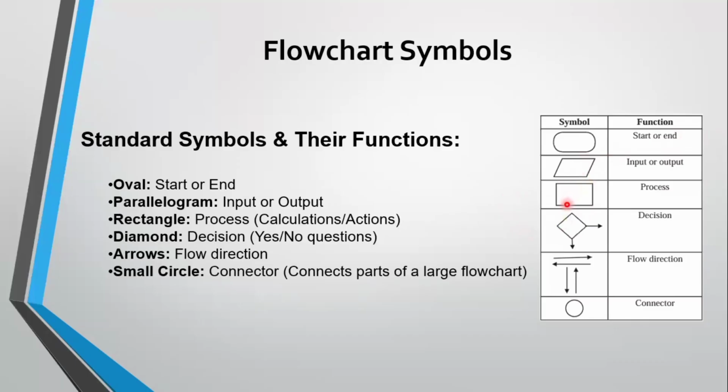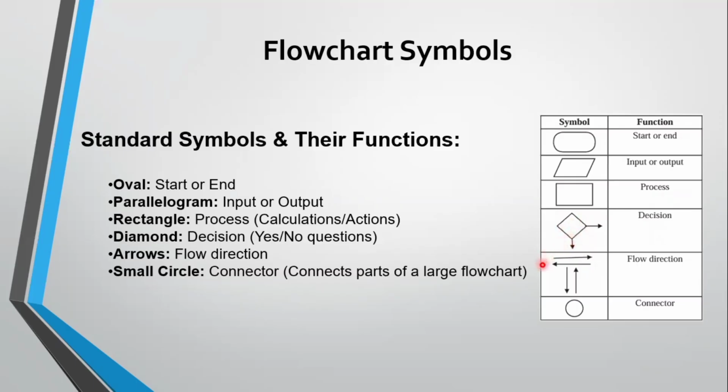Rectangles are for the actual processing or calculations, assigning values. Those kinds of things we do using the process box. The diamond is very important. It is used whenever the computer needs to make a decision or a choice. With this decision box, we ask questions and make decisions.